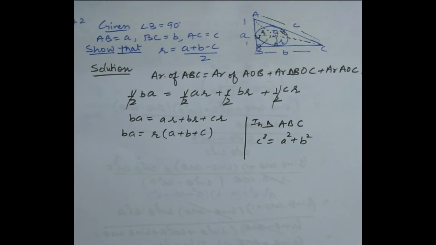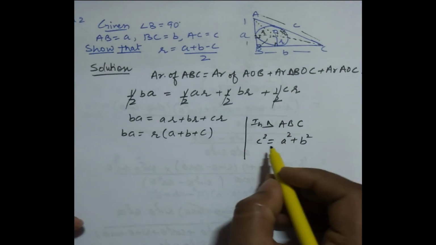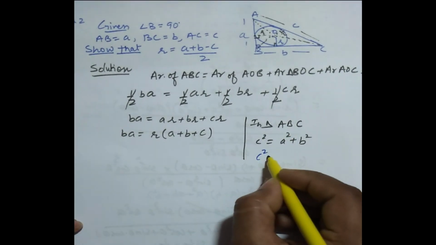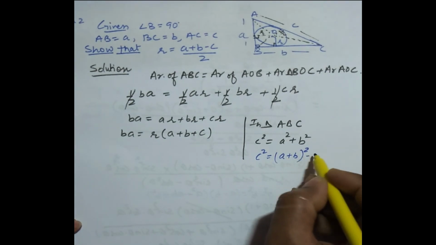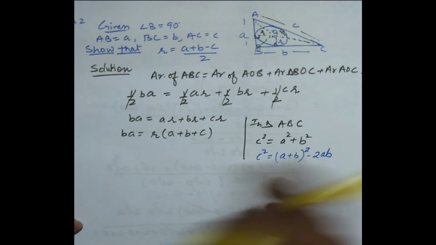Again, some students do find this relation, C square equal to A square plus B square, but after that they get stuck and are not able to proceed. So now what you can do, we can write this C square is equal to A plus B whole square minus 2AB. We can write it like this.